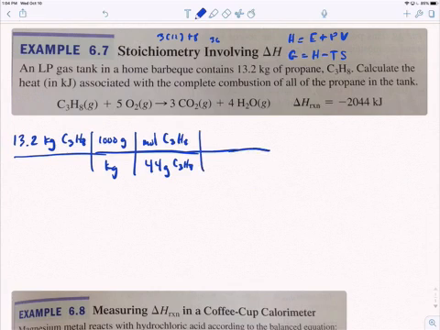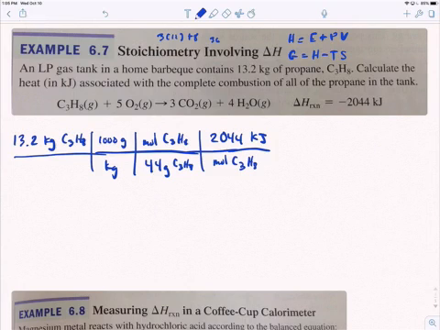And then we have 2044 kilojoules per mole C3H8. If you want, you can put another step in there.